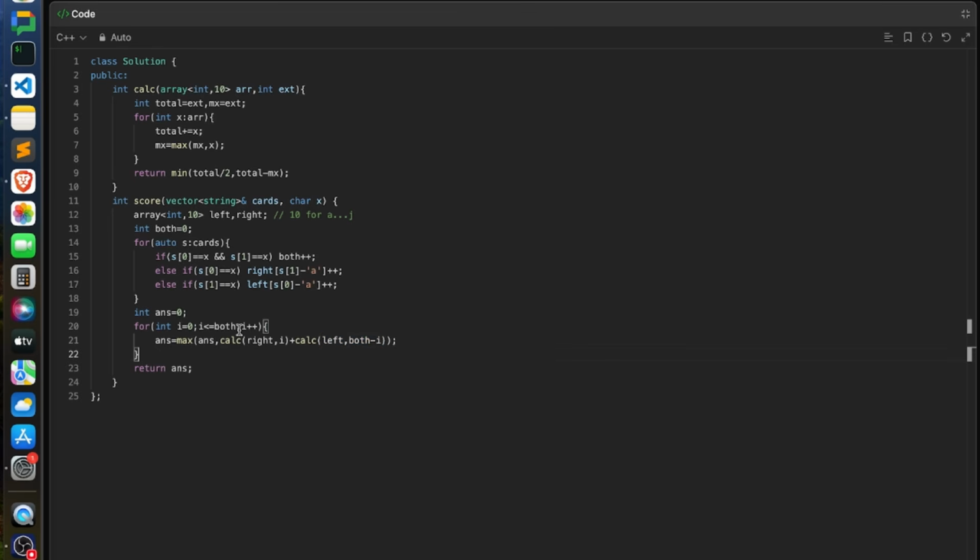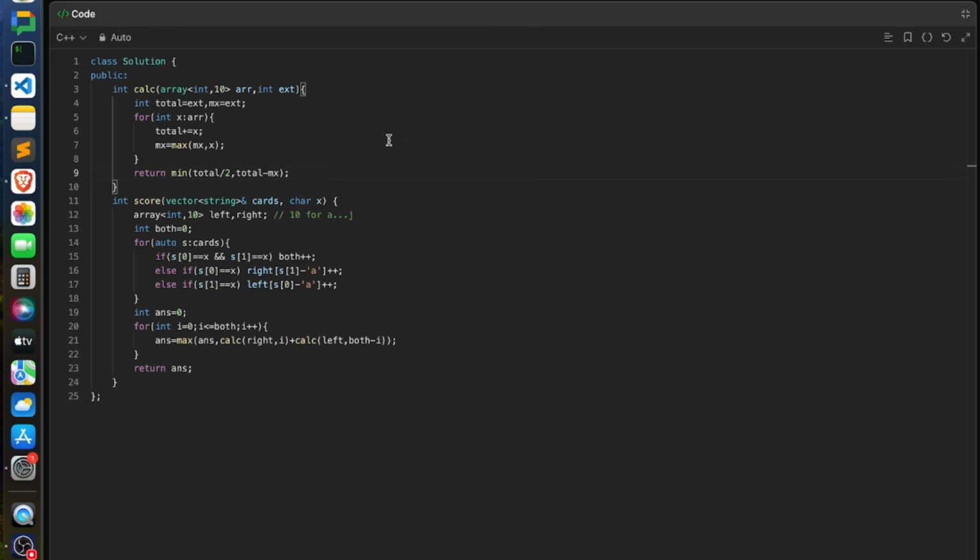So this is the calculation function. As explained in the explanation part, your total is the total sum of all the cards, which is the count plus all this frequency, and I took the maximum and returned the minimum of total divided by 2 comma total minus mx. I have already explained why I am returning the minimum of total divided by 2 comma total minus mx. Please check out the explanation part. So yeah, this is all about the code of the second problem.